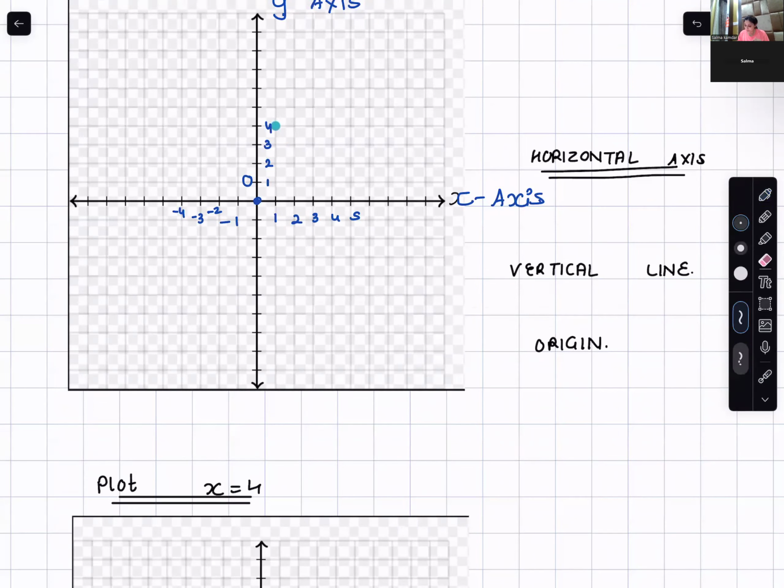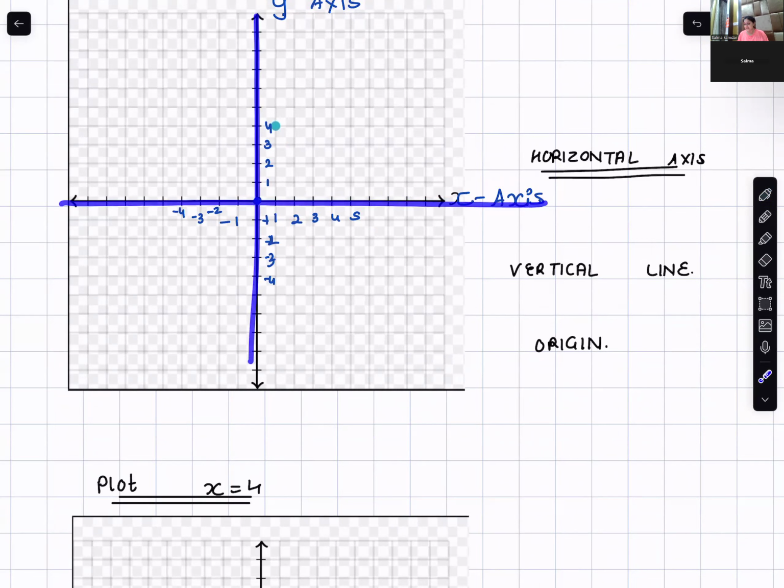Something below the origin would be your negative numbers, -2, -3, -4.